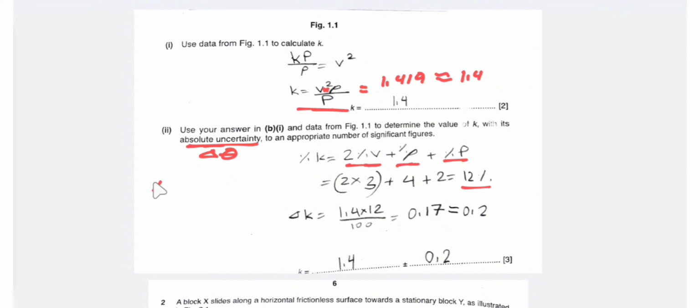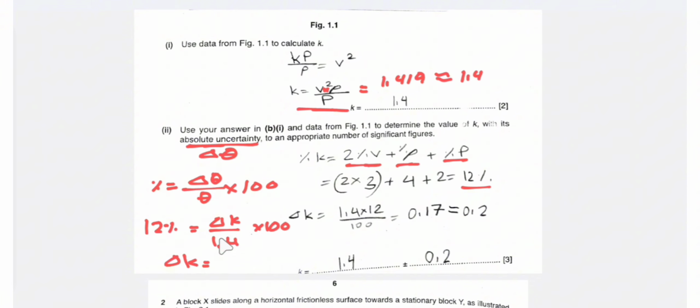Now percentage uncertainty is equal to absolute uncertainty divided by the true value, times 100%. So 12% equals the absolute change in k divided by 1.4, times 100%. Solving for the absolute uncertainty in k, we get 0.168.